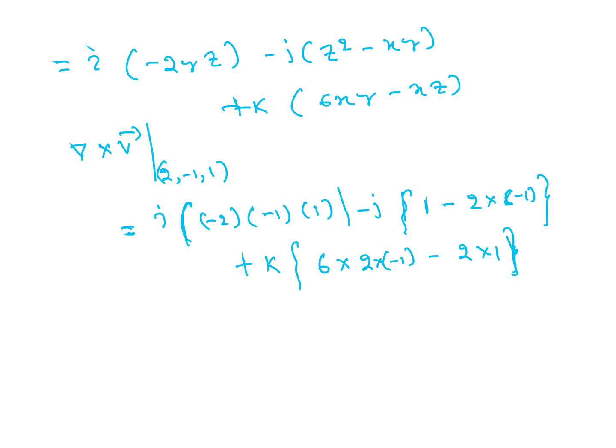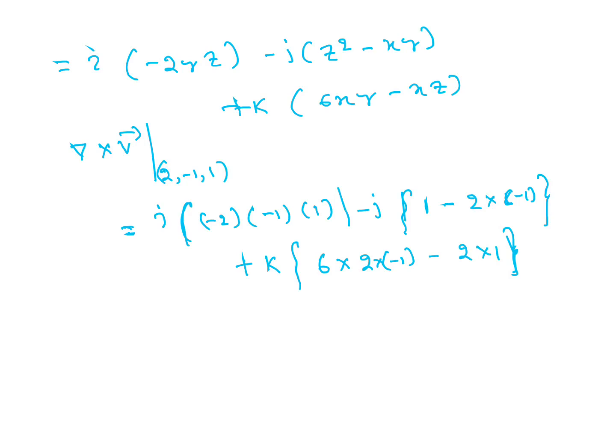So I cap into minus 2, y value is minus 1, z value is 1, like that we will do, and minus j into 1 minus 2 into minus 1, z value is 1 so 1 square is 1, minus 2 into x is 2, y is minus 1, plus k into 6 into 2 into minus 1 minus 2 into 1.